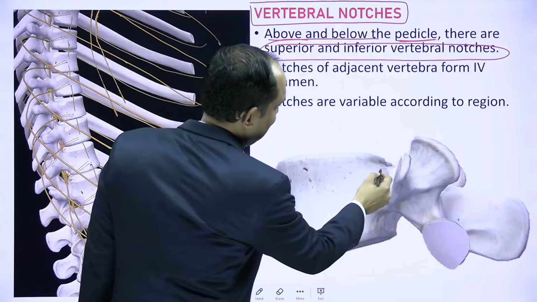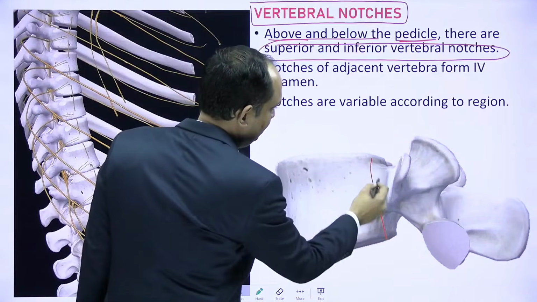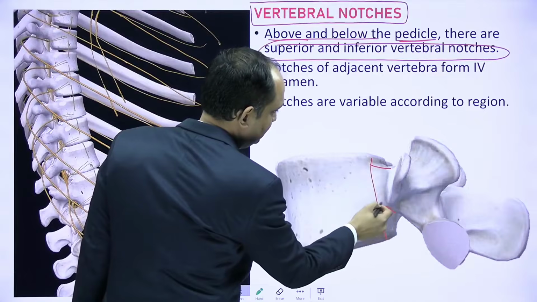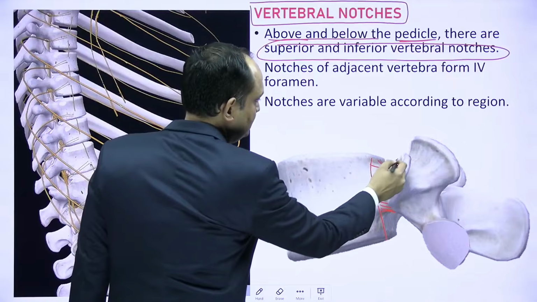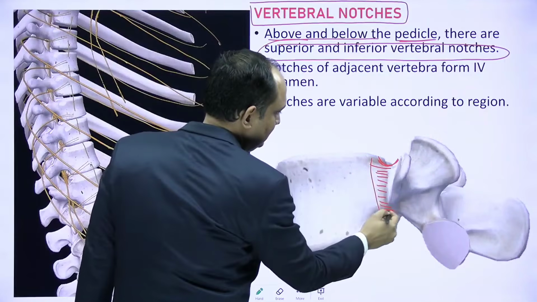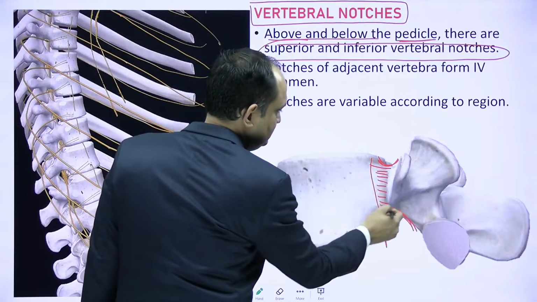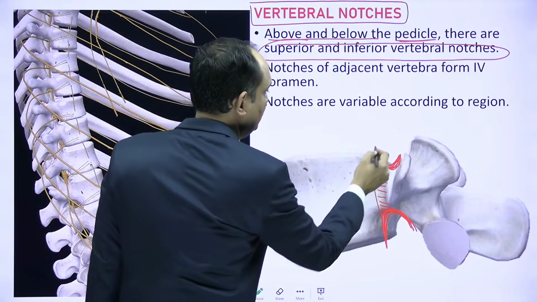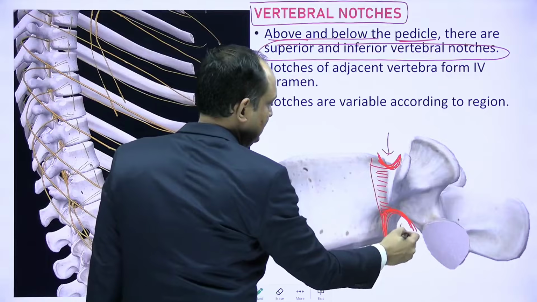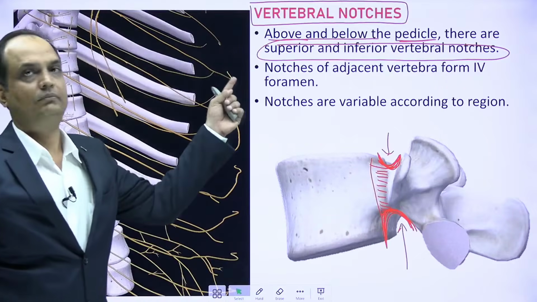Here you can see that this is the body, and from the body you have this connection which is known as the pedicle. Above the pedicle there is a notch, and below the pedicle there is a notch. These notches present above and below the pedicle are known as the superior and inferior vertebral notch.